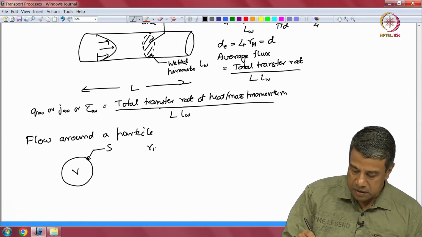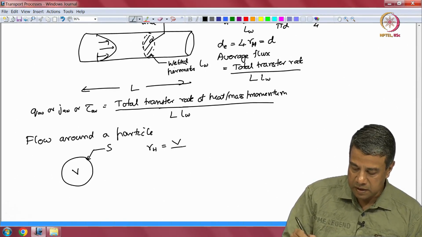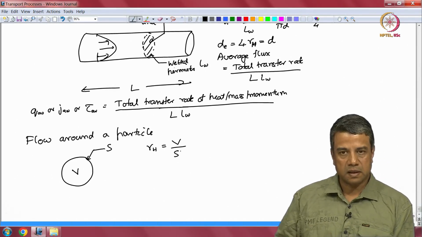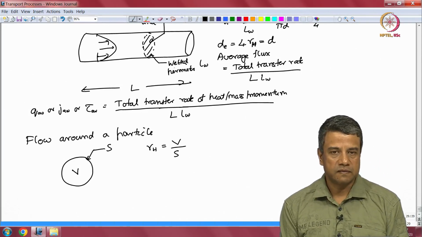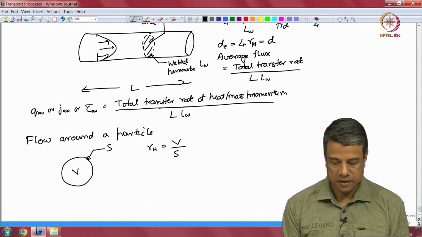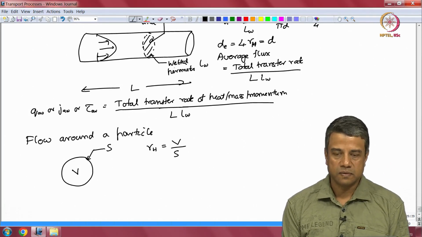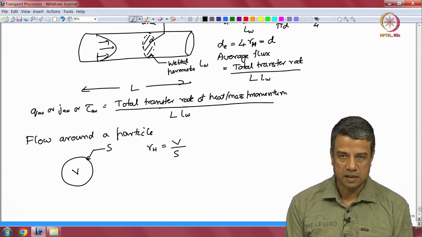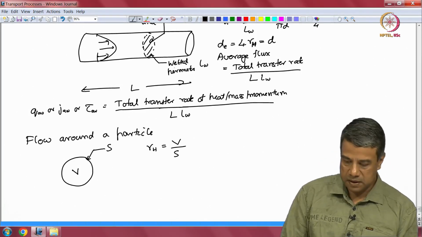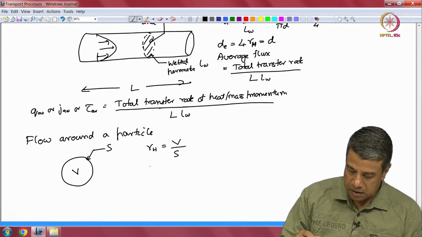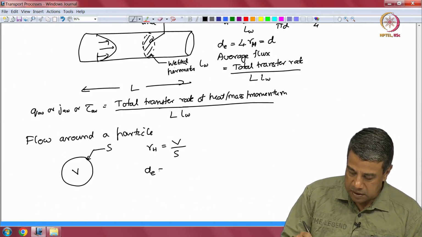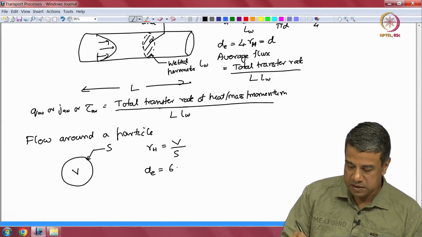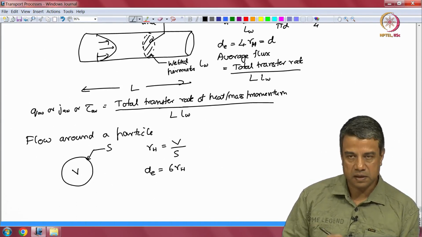The hydraulic radius is defined as V divided by S. Volume has dimensions of length cubed, surface area has dimensions of length square. The ratio of those two is just a length scale, which is the hydraulic radius. And the equivalent diameter is equal to 6 times the hydraulic radius in this case.